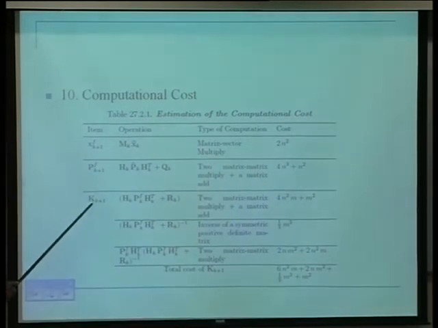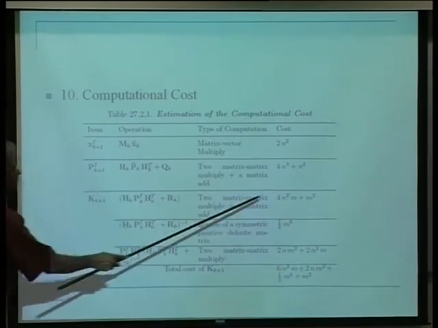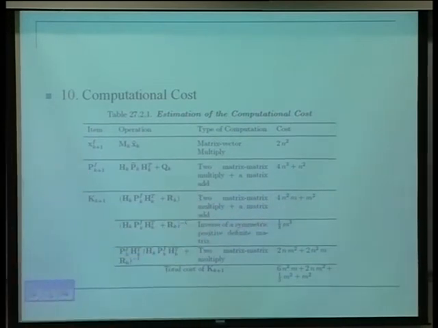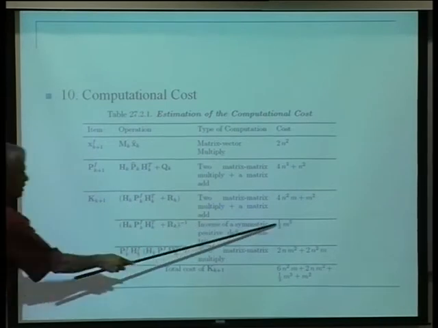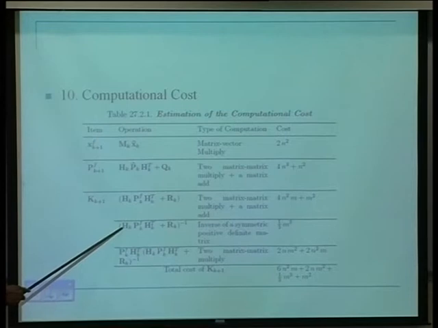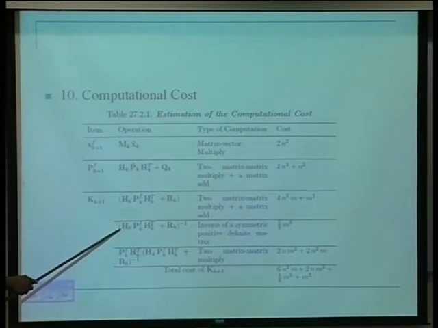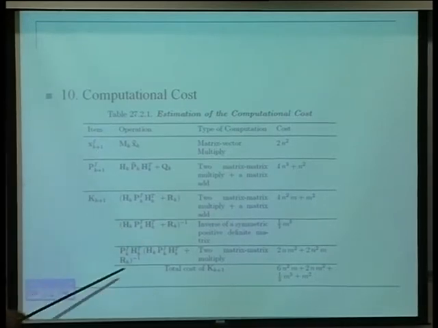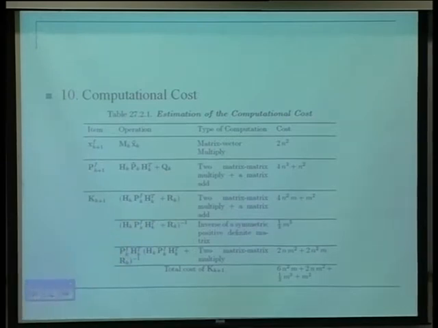To be able to compute the Kalman gain itself, you need 4n squared m plus m squared. To be able to compute the inverse, you need 1/3 of m cubed. So this is the inverse of a symmetric positive definite matrix. Under the assumption that RK is symmetric and positive definite, you use Cholesky-like decomposition that gives rise to 1/3 m cubed.